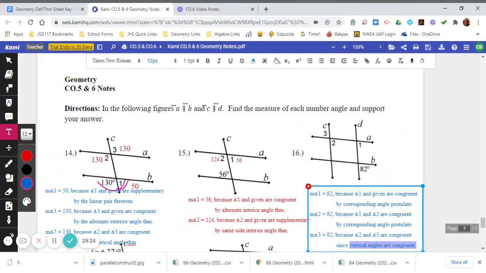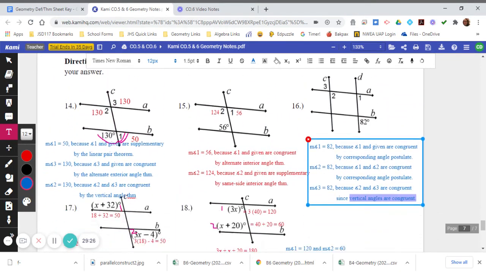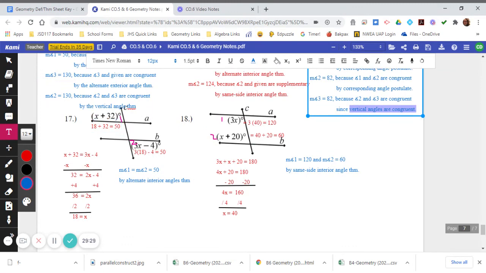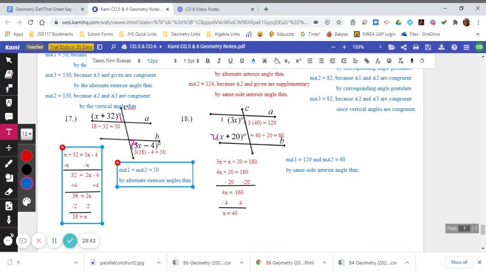That was our directions up here, find the measure of each angle. And I did a couple of things. So I know that these two angles that are marked are alternate exterior angles. Oop, I put interior here. Alternate exterior angles. I know that they are, so I know that they're going to be congruent, therefore their measures are going to be equal.